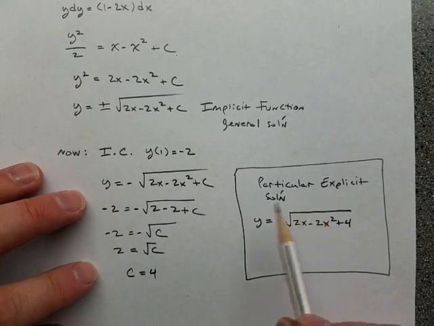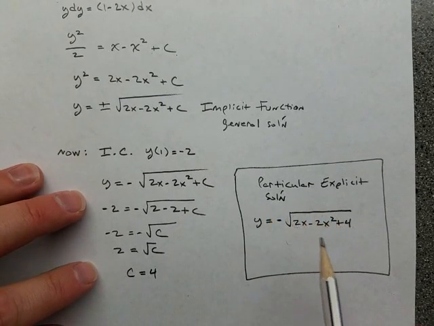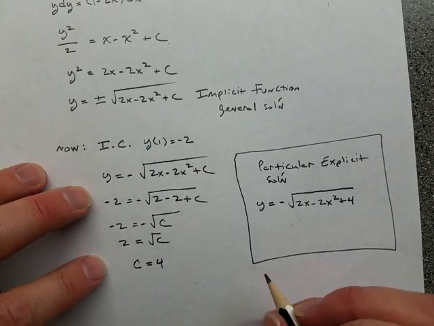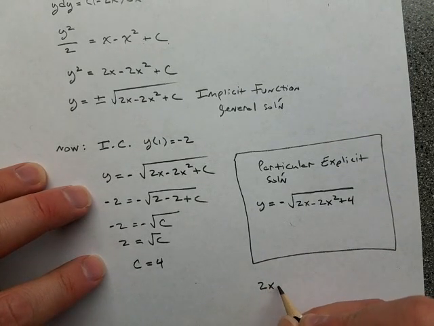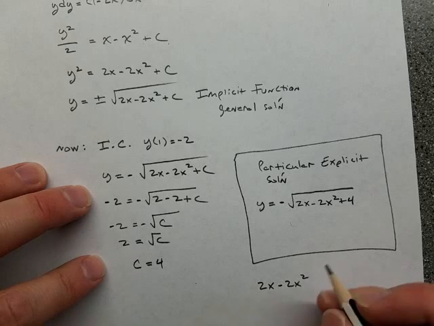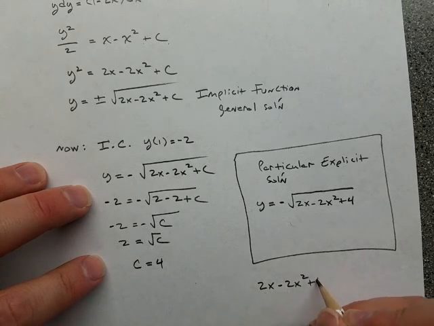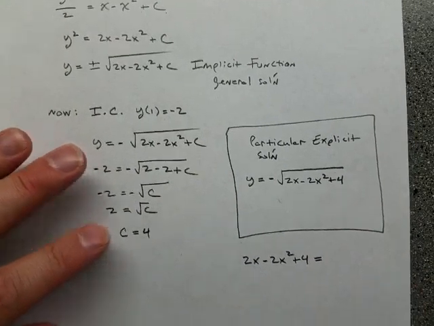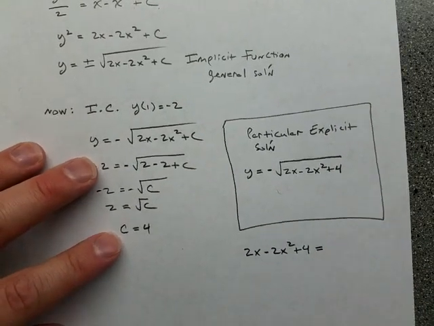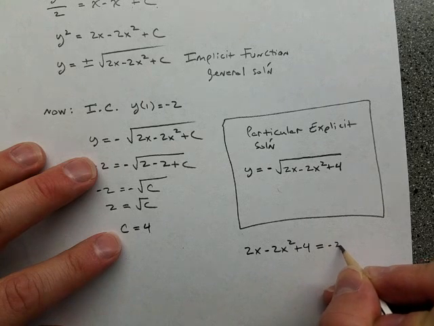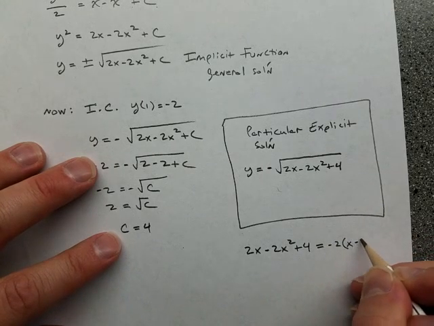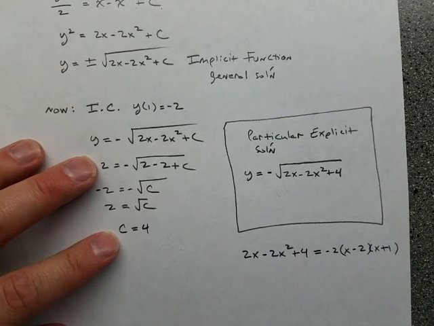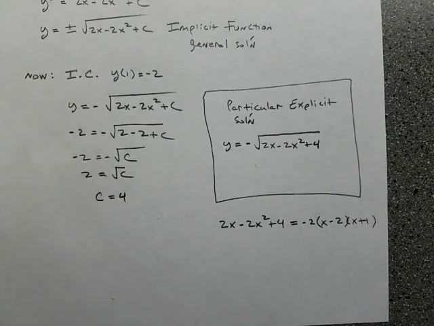So let's see, how does this thing behave, that quadratic in there? When is it positive and when is it negative? Say I take that 2x minus 2x squared plus 4, and I'll try and factor it and look at it in terms of simpler pieces. I'll get negative 2 times x minus 2 times x plus 1. Okay, so I can factor it like so.